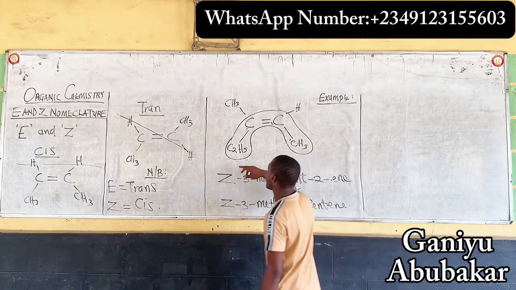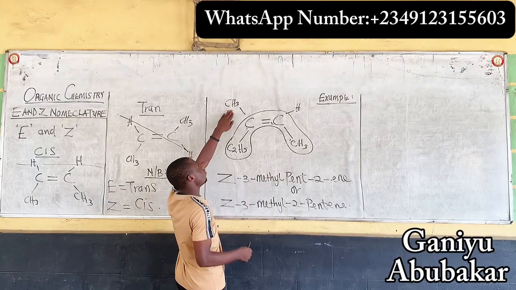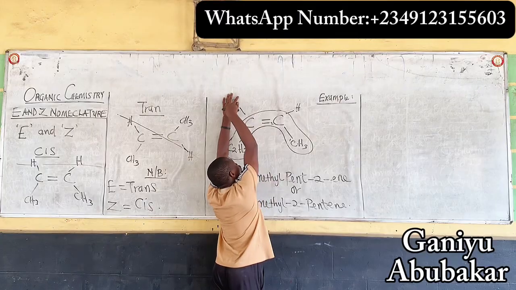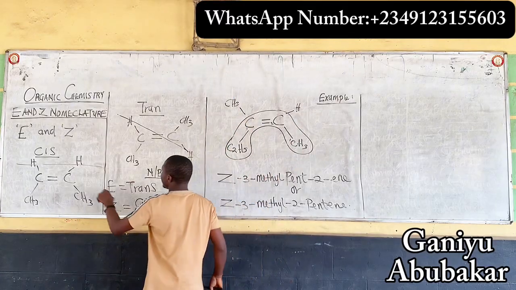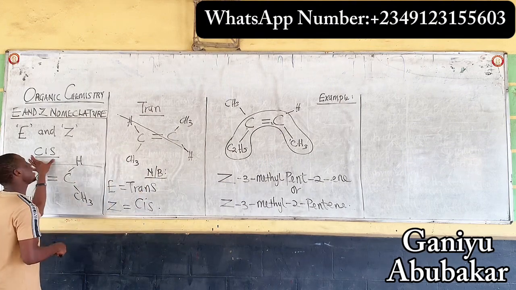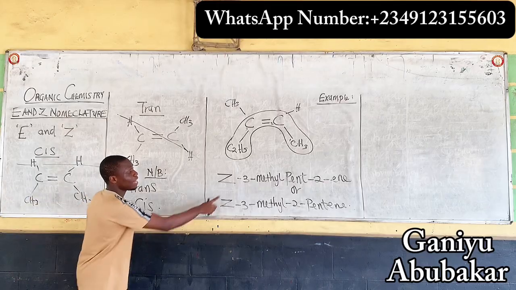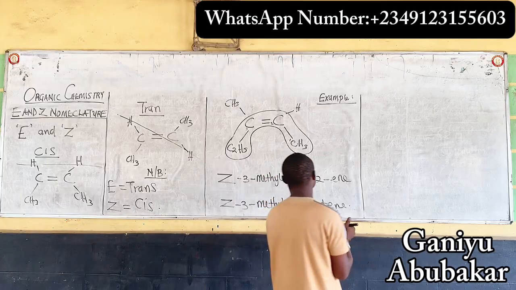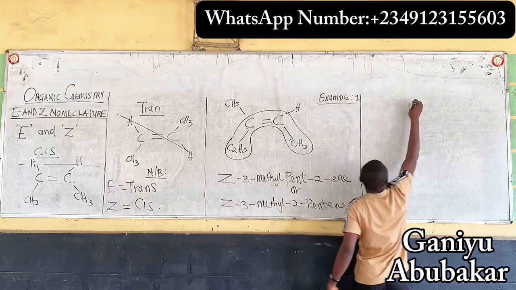My longest chain was in this form, and I told you that the left one, assume it as H. I have H and H placed horizontally. When it's placed horizontally this way, it's called a cis. And in this topic, cis signifies Z. That is why I have Z here. Let's take example 2 to explain this, please.